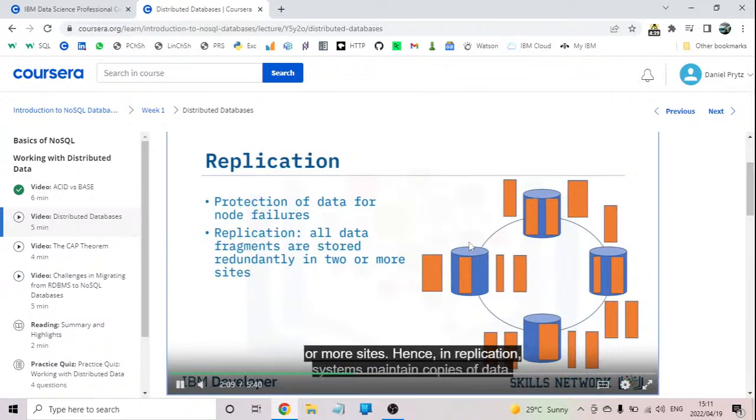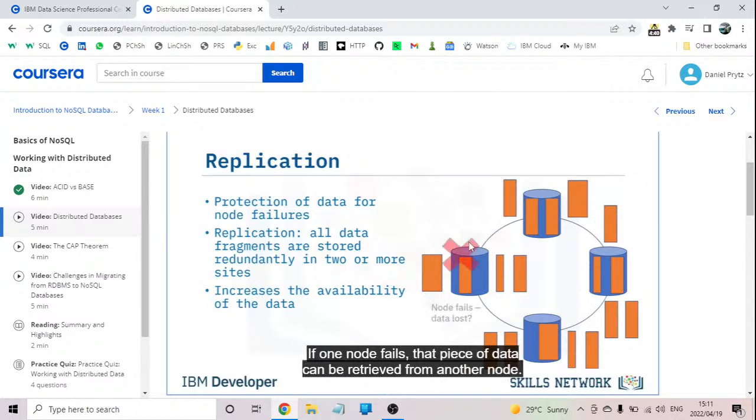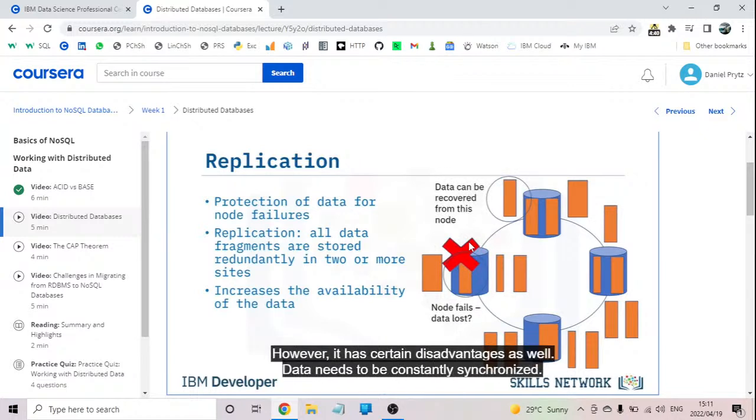Hence, in replication, systems maintain copies of data. Replication increases the availability of data in different sites. Data can be retrieved from another node, so no record is lost. However, there are certain disadvantages as well.